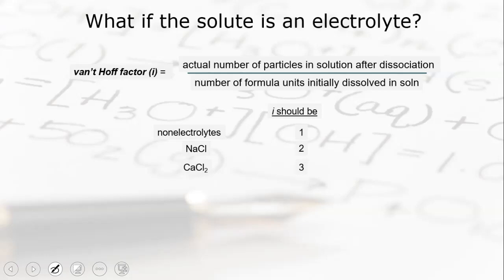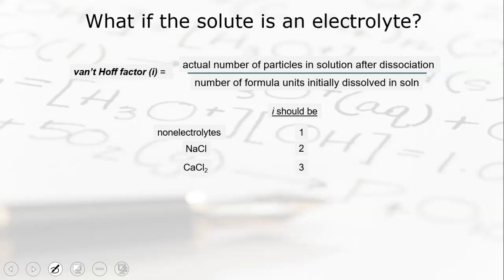Now, just so you know, although we are using this very simple approach, it doesn't work exactly that way. Because in a real non-ideal solution, it may be that not all of these particles are actually active in the process. If you ever take an upper level chemistry course like analytical chemistry, you're going to learn that really what a chemist measures is what's called the activity of the substance, not the concentration.